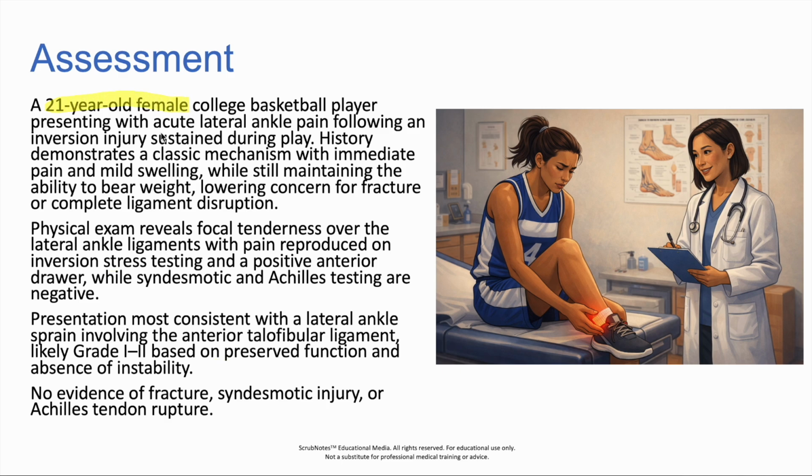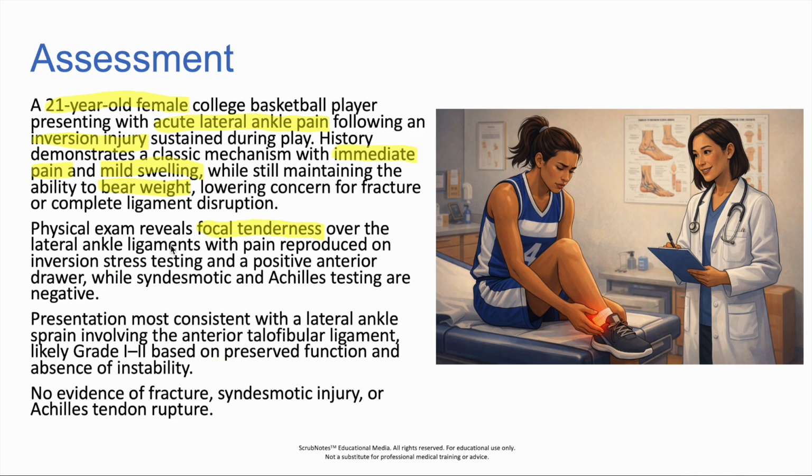So we have a 21-year-old female college basketball player who presents with acute lateral ankle pain following an inversion injury sustained during play. History demonstrates a classic mechanism with immediate pain and mild swelling, while still maintaining the ability to bear weight, lowering our concern for fracture or complete ligament disruption.